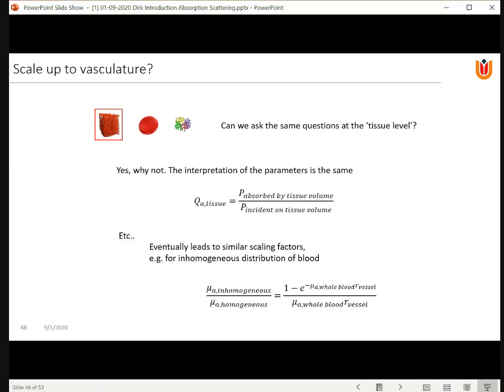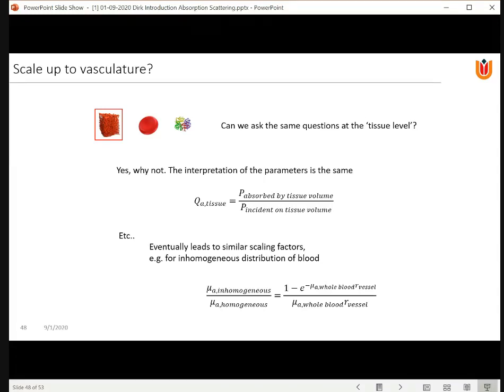It basically means just following the same steps. So we start again with defining first the absorption efficiency of tissue simply as the absorbed power divided by the incident power, and then with some choice for the size, for example, the vessel diameter, then we can get to the same kind of expression.